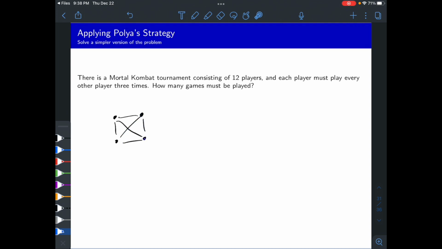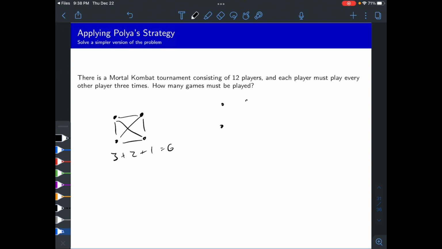And player 3 has 1 more line to be drawn. We can count the number of lines: 3 plus 2 plus 1, which is equal to 6. So we get 6 for 4 players.